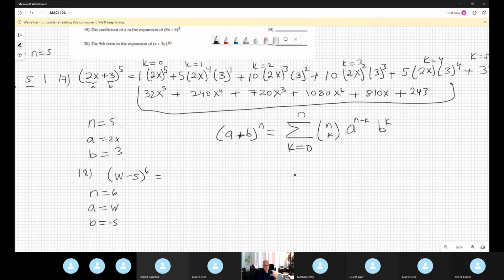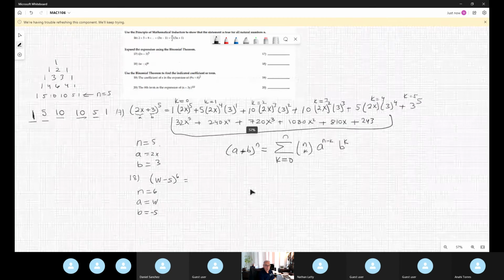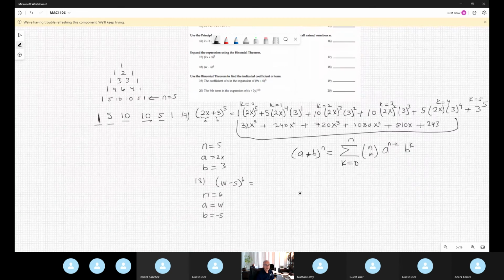No, it's not easy. Hello, it's too long. We have 7 terms. The first one is obvious. Wait. I come back to complete the Pascal. And the Pascal is 1, 6, 15, 20, 15, 6, and 1. That's the coefficients. Remember, you obtain that coefficient adding this. Always adding this.